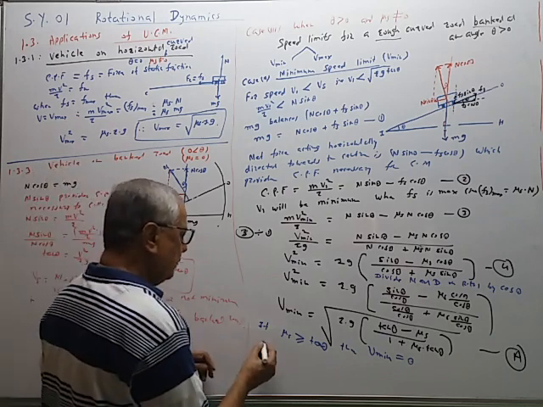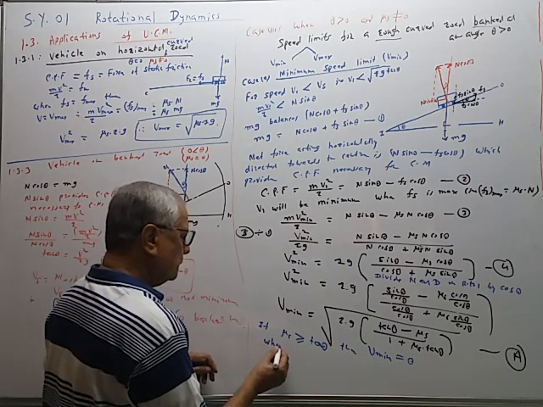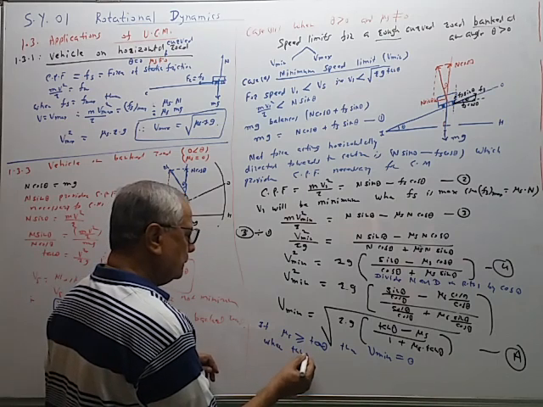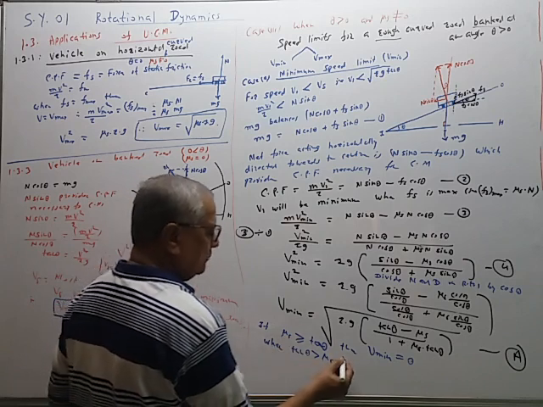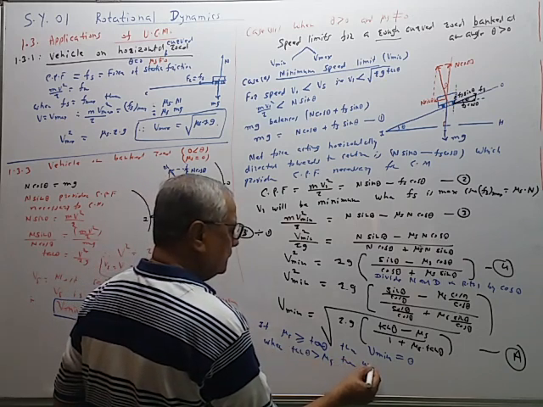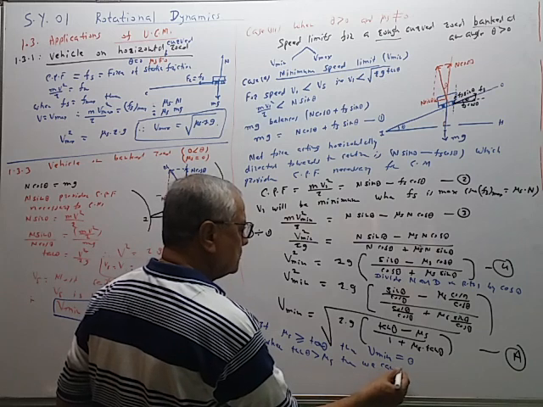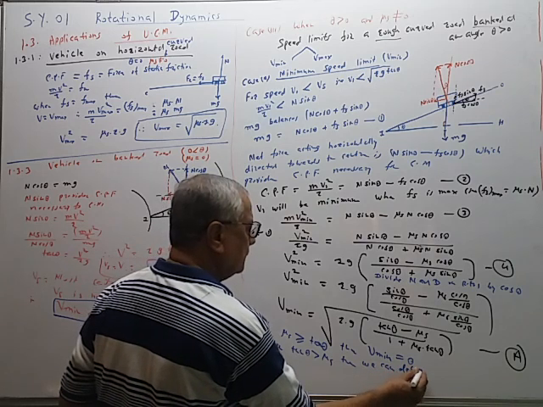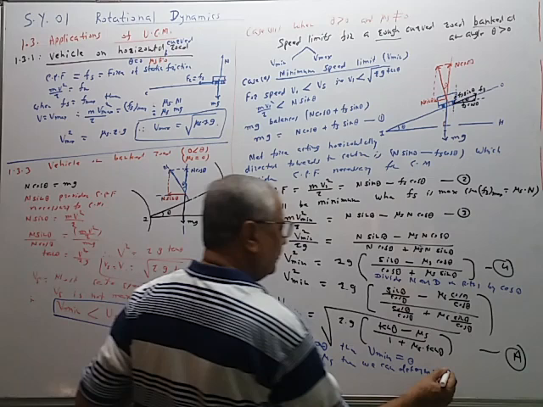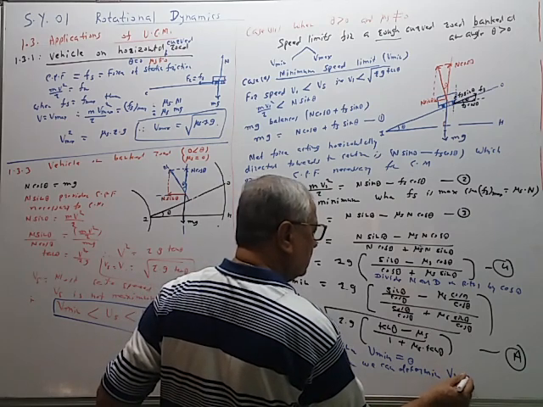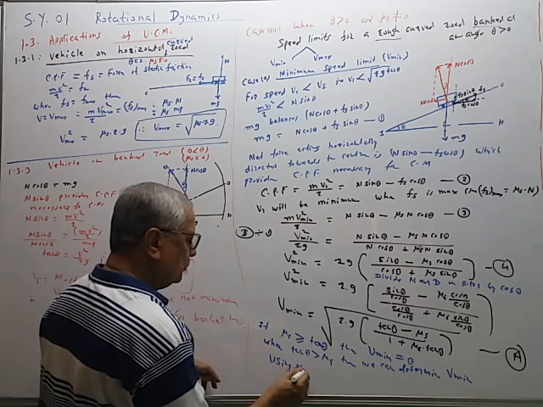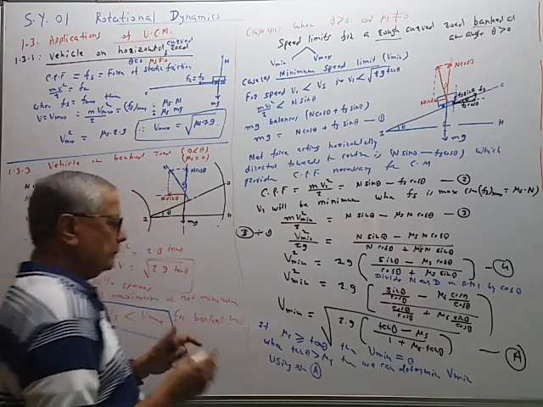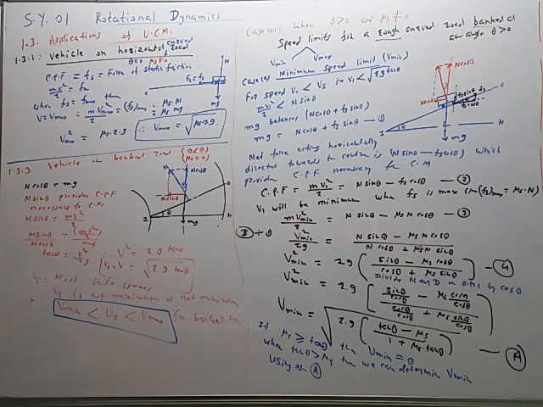So when tan theta is greater than mu s, then we can determine V minimum using equation E, like this.